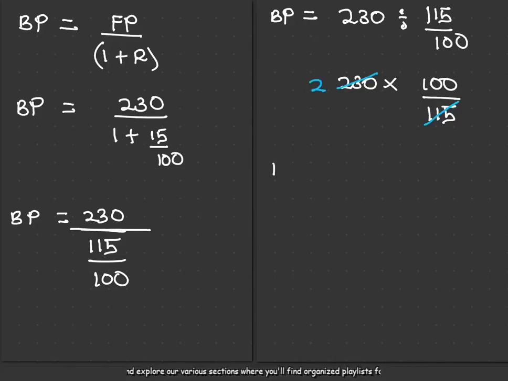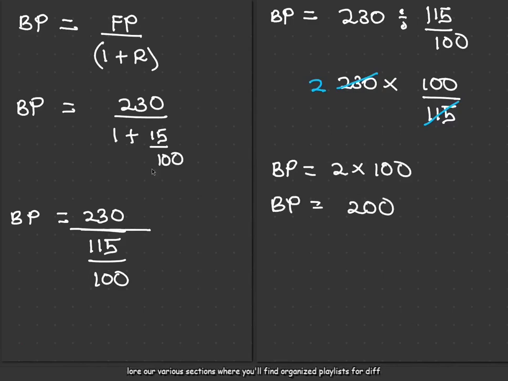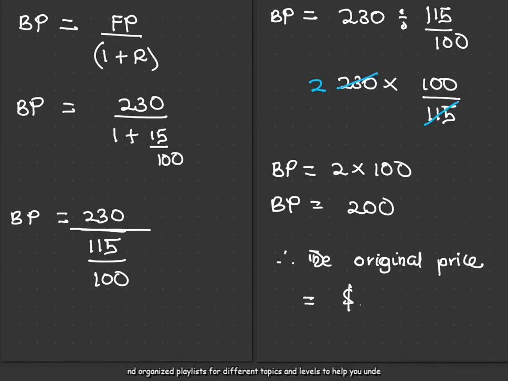So we now have our base price being equal to your 2 times your 100, which is what? 200. That's our base price. So you see, just by knowing the basic formula, all we needed to do was to make the necessary algebraic change of subject, right? So we can then conclude that therefore the base price or the original price is equal to your $200. And that is all.